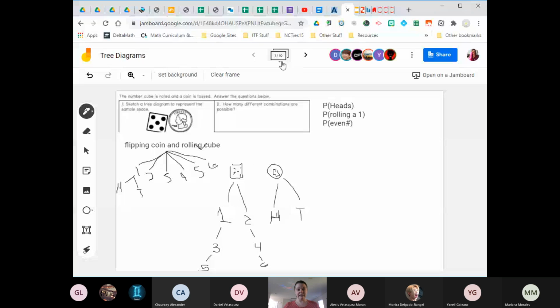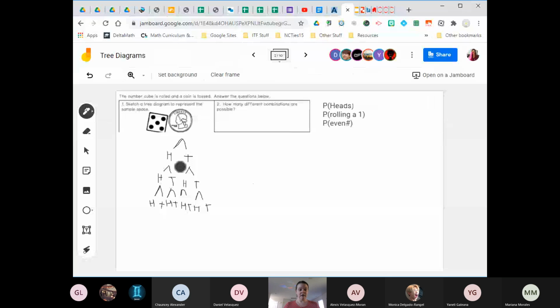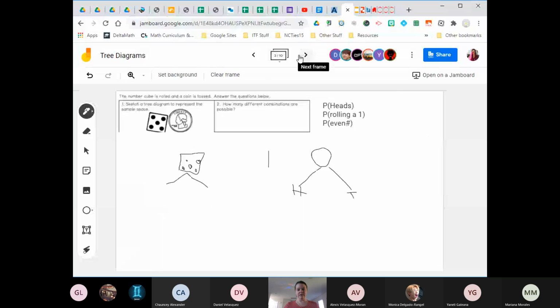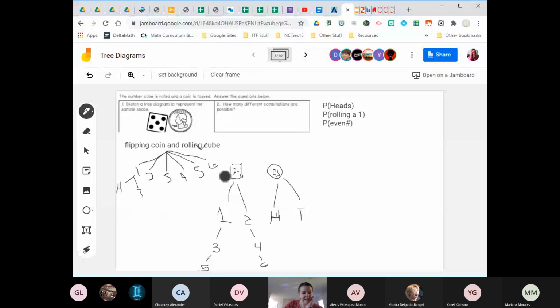So if you have 2 separate tree diagrams right now, or like I think this is Monica's here, all you've shown me is heads or tails. We're not flipping 3 coins, we're flipping a coin and rolling a die, okay? So I need to see that represented on our tree diagrams. All right, so go ahead and let's see how we can fix these.